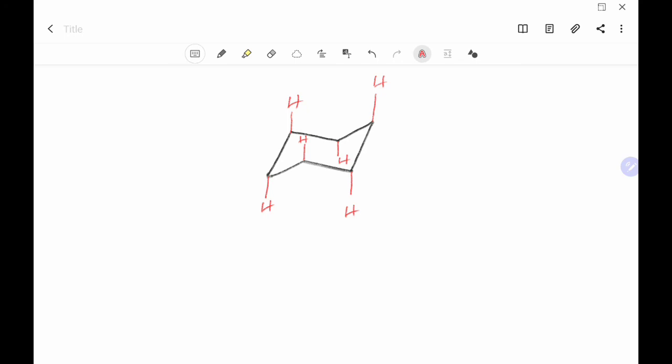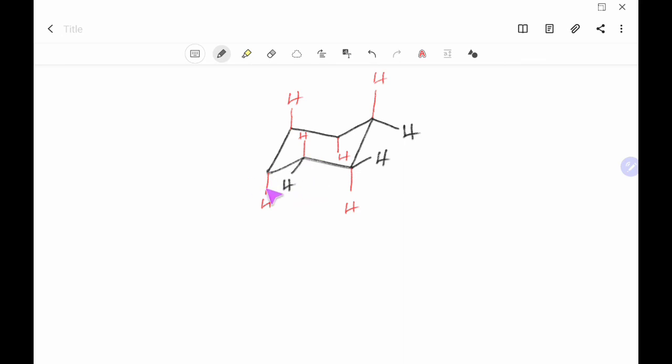Now let's draw the equatorial hydrogens. Each carbon now has a vertical bond going up or down. If the vertical bond is going up, the other bond must be going down. This is going down, so the other one should be going up. Going up, so this should be going down. This hydrogen is going down, the equatorial bond should be going up.